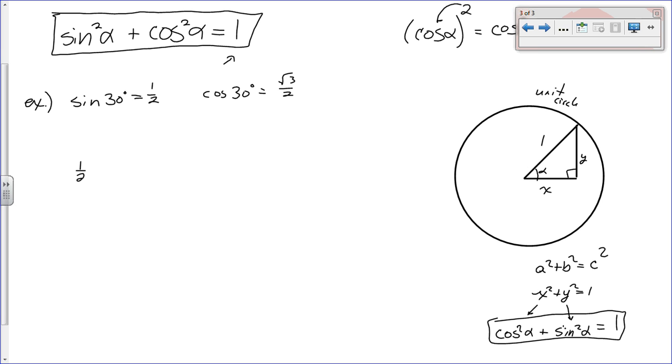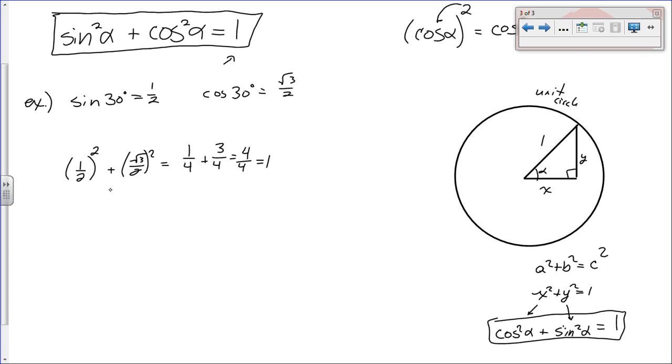So we're going to have 1/2 squared, because this is the sine of alpha, plus the cosine of alpha squared. Well, 1/2 squared is 1 over 4, plus square root of 3 over 2 squared is 3 over 4, which equals 4 over 4, which, hey, look at that, equals 1.